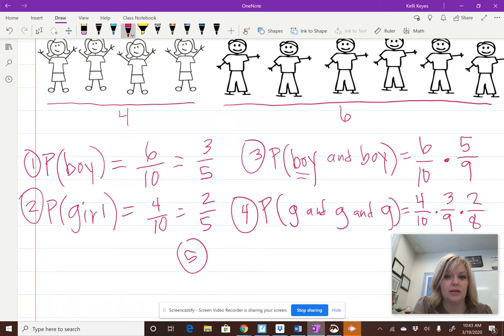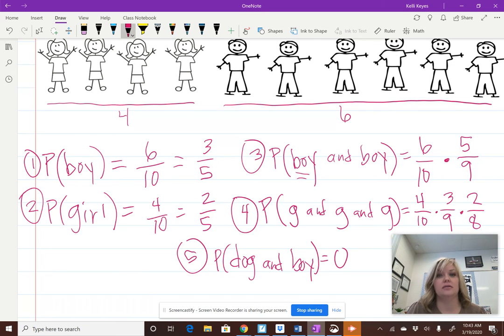No. So that is going to be 0, because it's not happening. There are no dogs in my classroom, so the probability of that happening is 0. So just keep that in mind: if it can't happen, then the probability is 0.